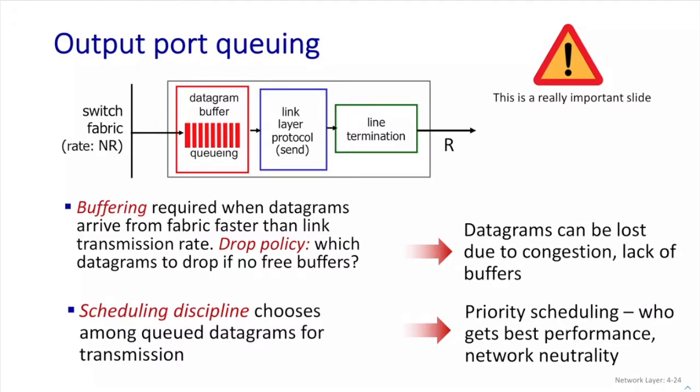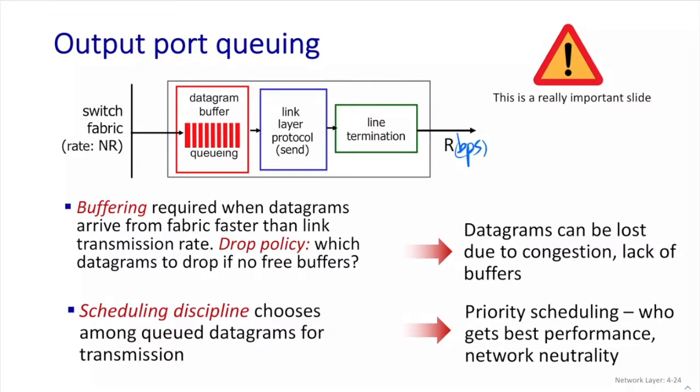Buffering is required when datagrams arrive from the fabric faster than the link transmission rate, because sometimes a lot of packets go to one single output port, so we need a buffer to hold all those outgoing datagrams, because sometimes the link speed (R bps) is smaller.